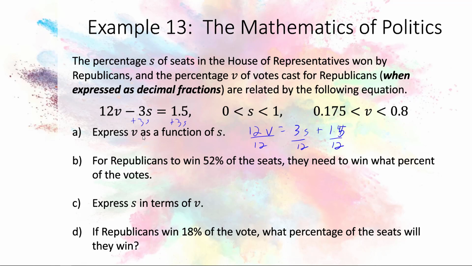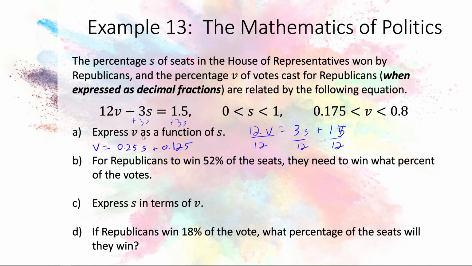And if we do, we will have that V is equal to 1/4 S, or the way I'm going to write it is 0.25 S plus, and this right here is basically 1/8 or 0.125. So that right there is our equation.